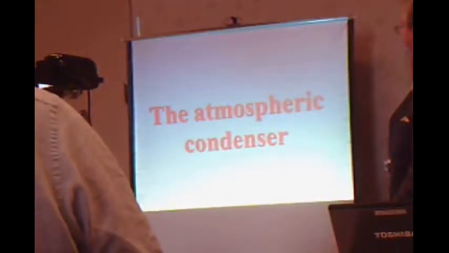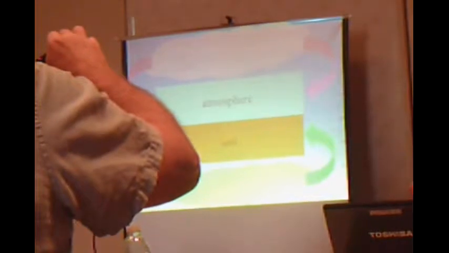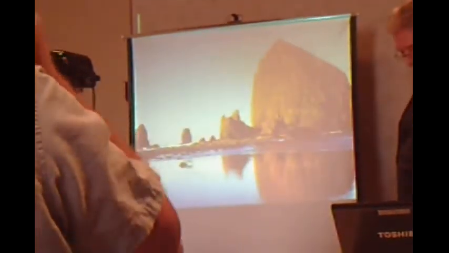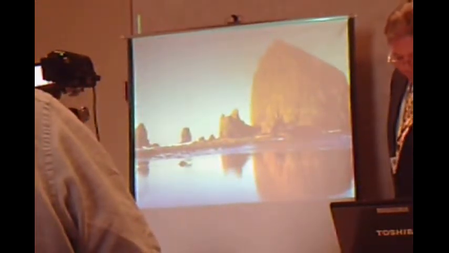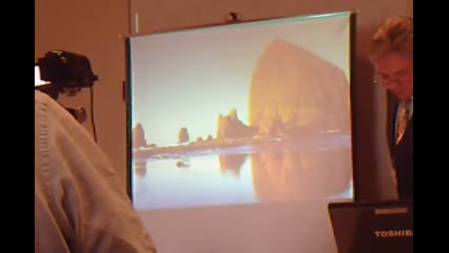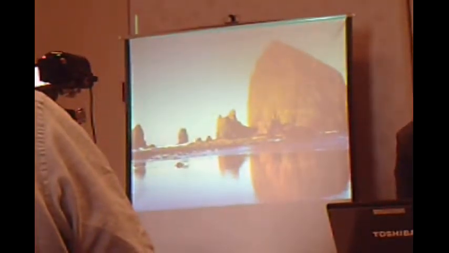When we get to the atmospheric condenser, basically, he's showing, let me go ahead and advance this. I did something that just closed. There we go. I hit the negative button.